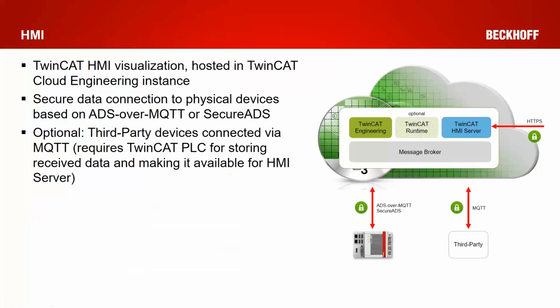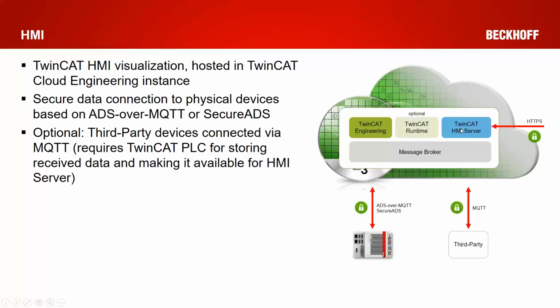Okay, so another use case would be TwinCAT HMI. We have, of course, the TwinCAT engine there. We have an optional TwinCAT runtime that we talked about. And of course, you can also host your TwinCAT HMI server on there and also your TwinCAT HMI engineering. Again, you would have a physical connection to controller hardware using ADS over MQTT or secure ADS.